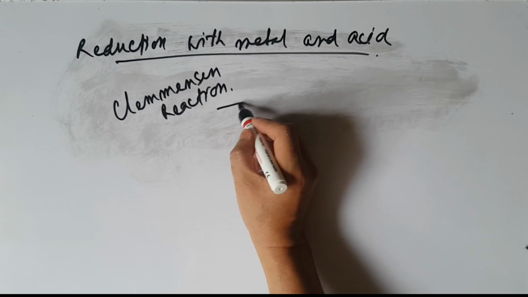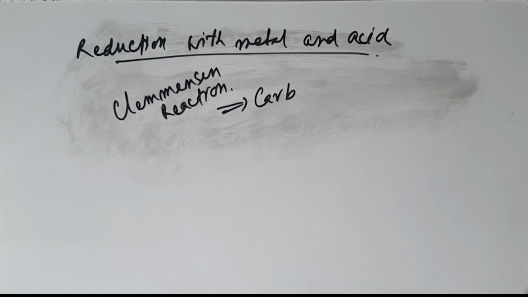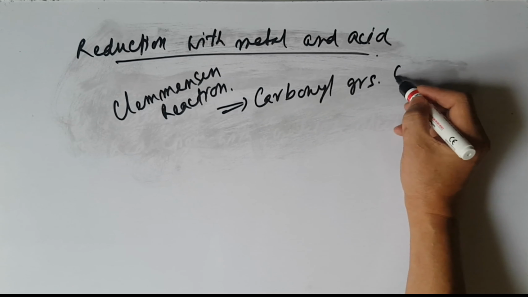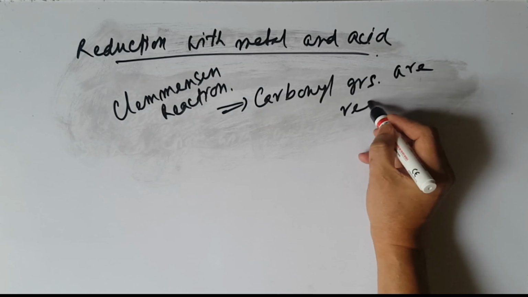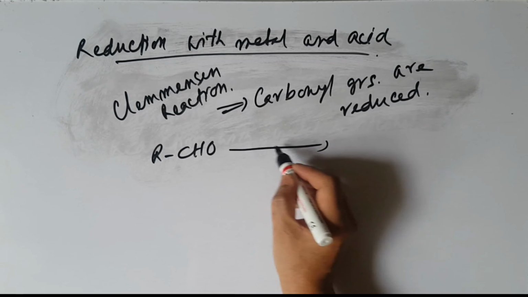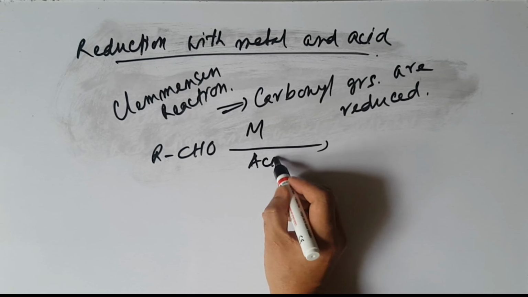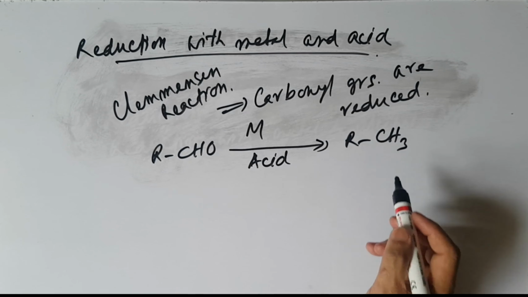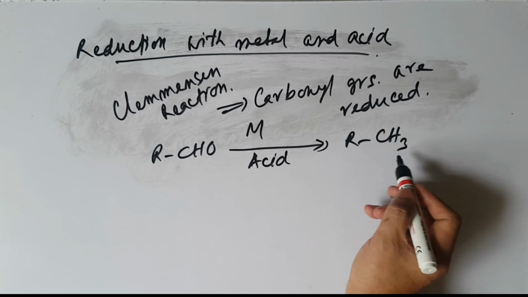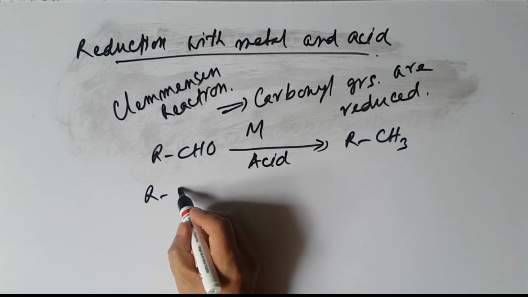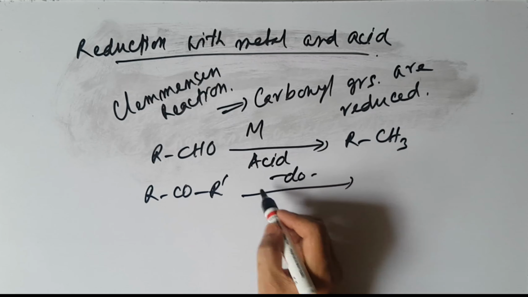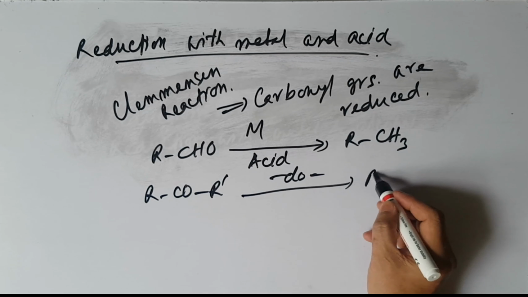Aldehydes, with metal in the presence of acid, are reduced to methyl groups, that is, oxygen is removed, giving RCH3. Similarly, ketones are reduced with metal and acid to CH2.